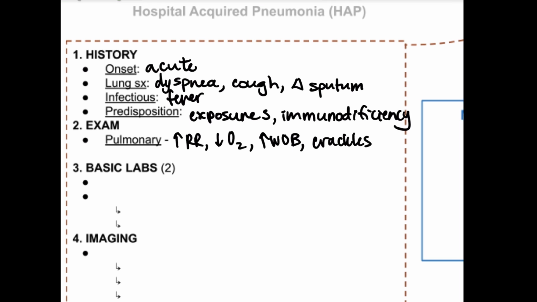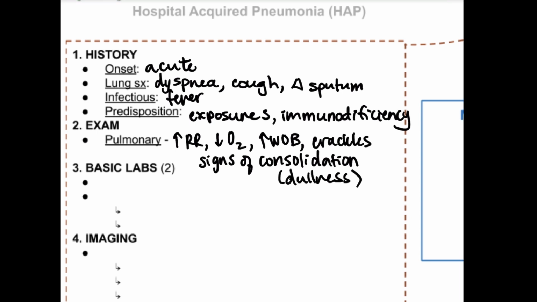You also might find signs of consolidation, such as dullness to percussion, but this can be hard to appreciate sometimes.